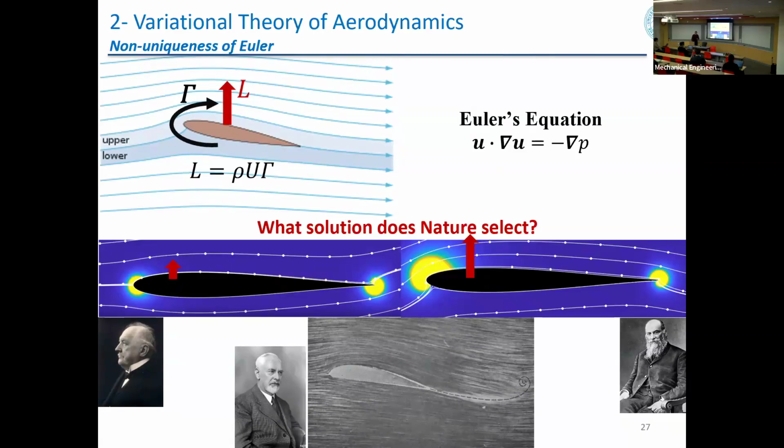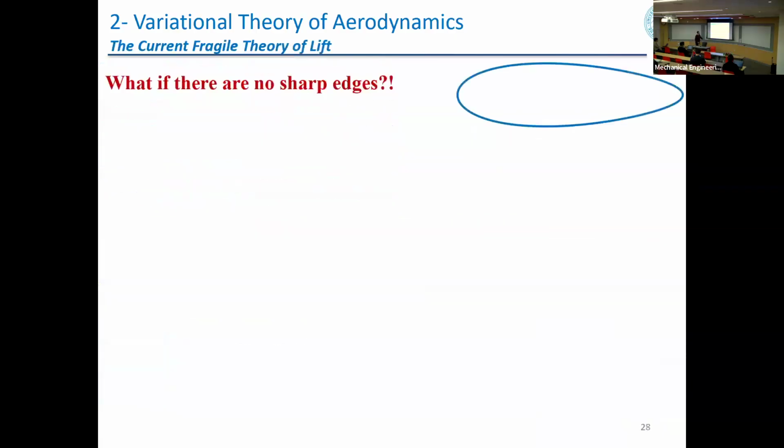The question that our undergrads luckily do not ask when we teach this, and I did not ask when I was an undergrad, is what happens with this shape? There is no sharp edge, so there is no singularity. We're back to square zero, because all solutions are perfectly legitimate mathematically, and there is no physical condition to single out a solution.